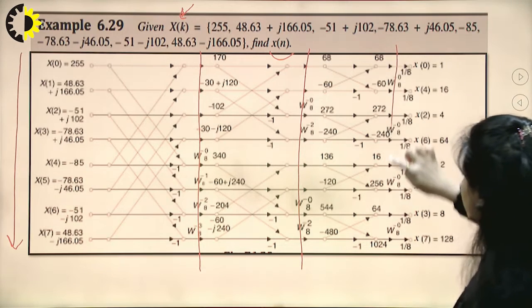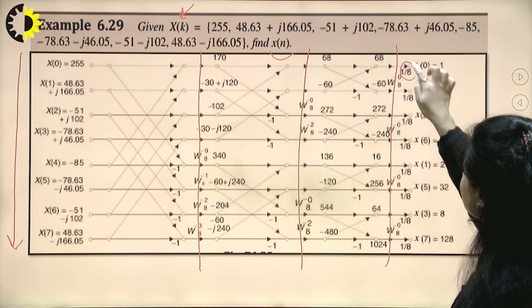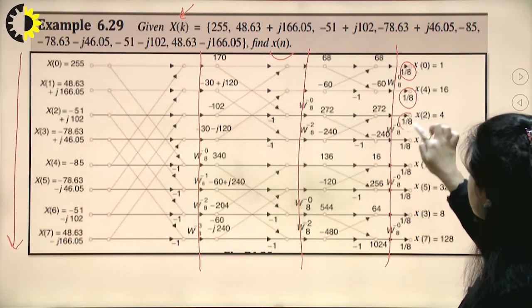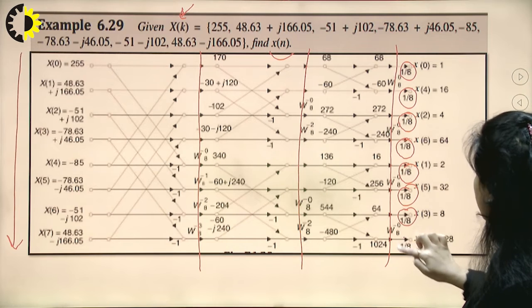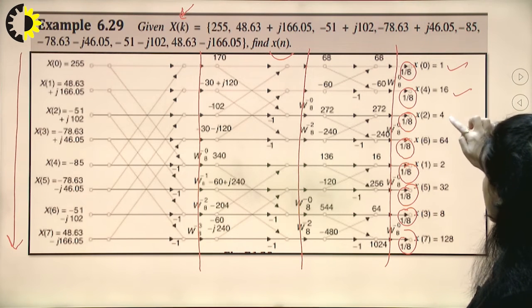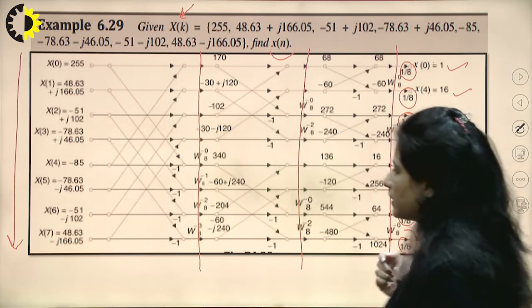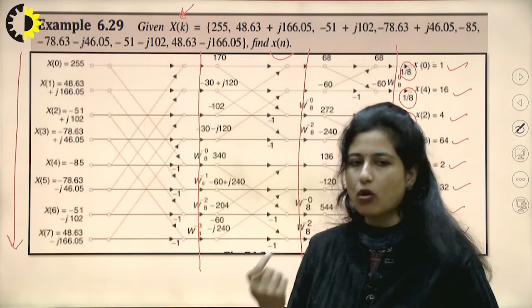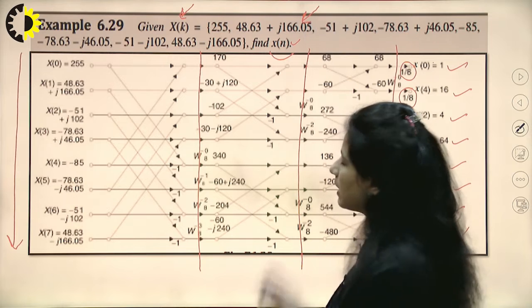Whatever output I am getting after calculating the 3-stage diagram, I would scale the output by 8. And finally, I get these answers. These answers are unordered, 0, 4, 2, 6, 1, 5, 3, 7. So we'll arrange them in the ordered way and receive the xn corresponding to this given Xk.